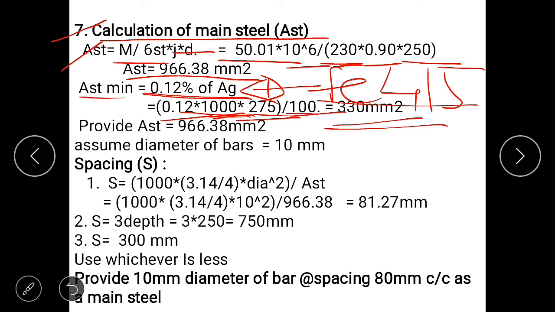So it is 330 mm square. From 330 and 966.38, 966.38 is greater, so take 966.38.